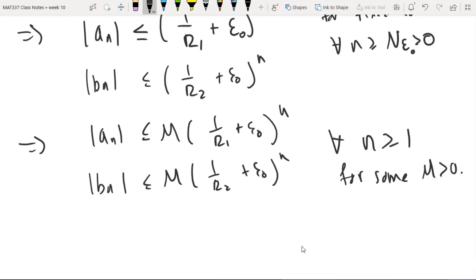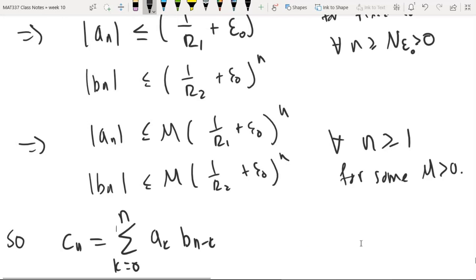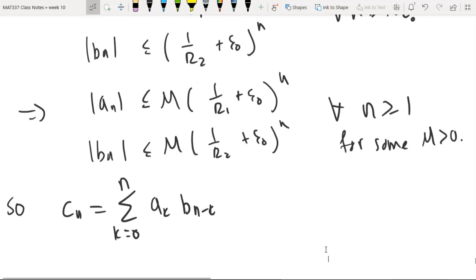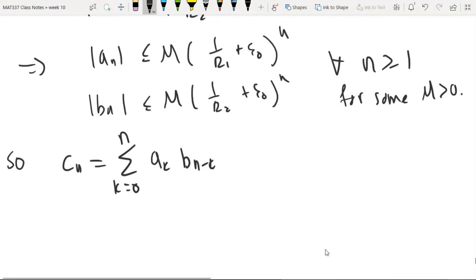Okay, so what do we have? Cn was equal to the sum of a_k b_{n-k}. And then you use your bounds.